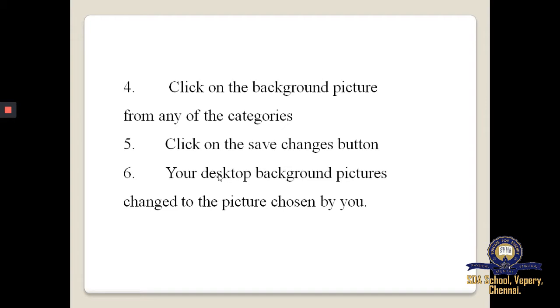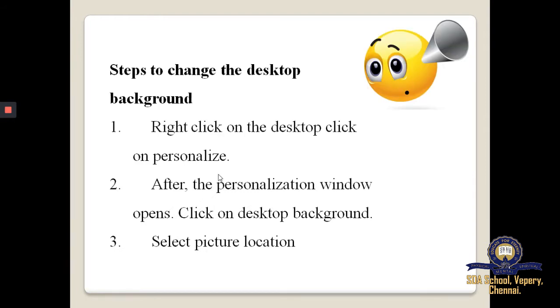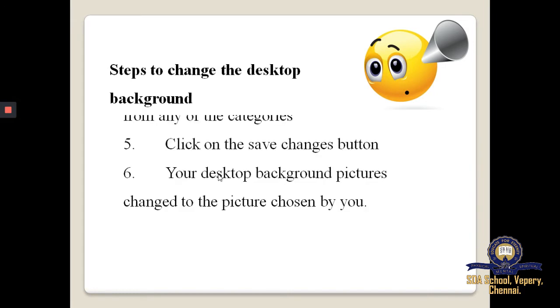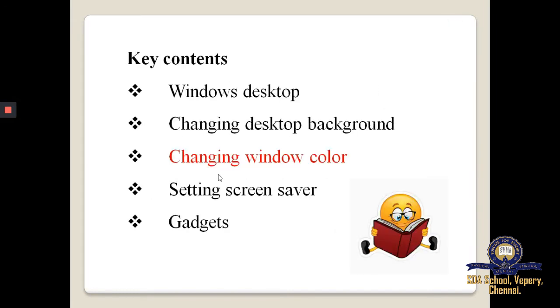Then click on the background picture we want from any of the categories or files. Then click on the Save Changes button. At last, your desktop background picture changes to the picture chosen by you. These are the steps to change the desktop background.